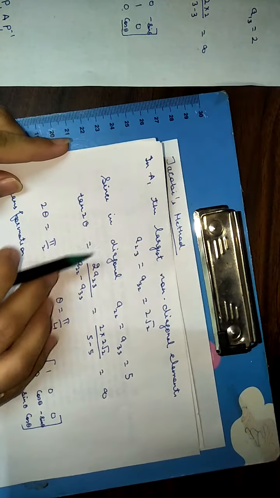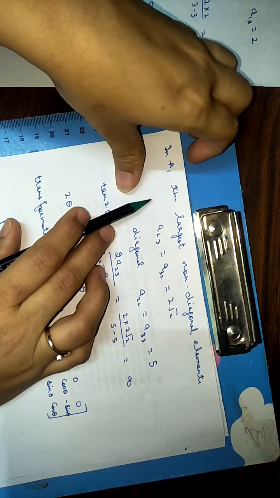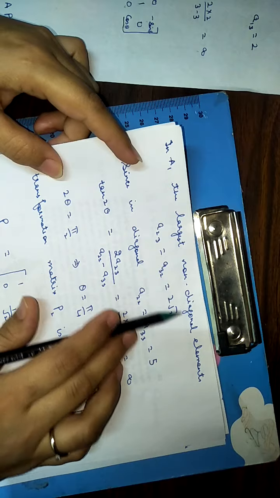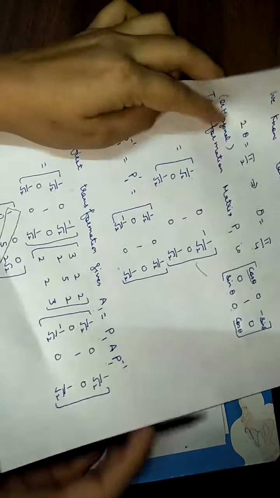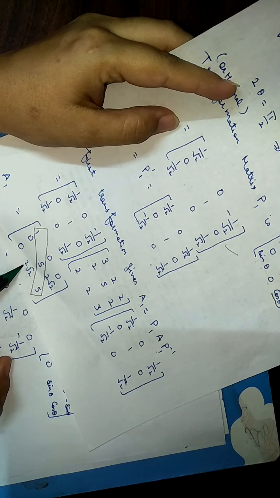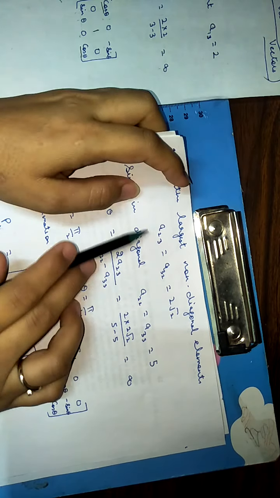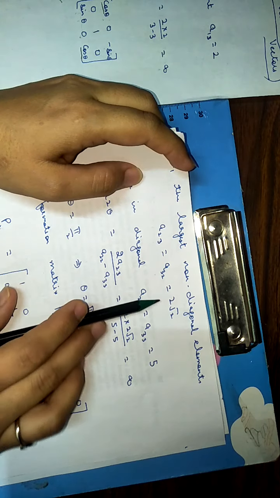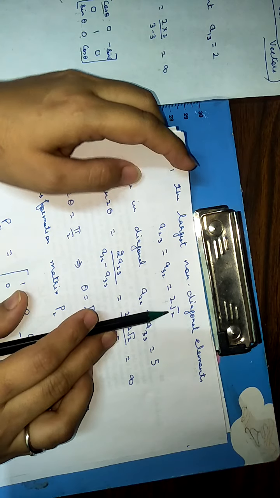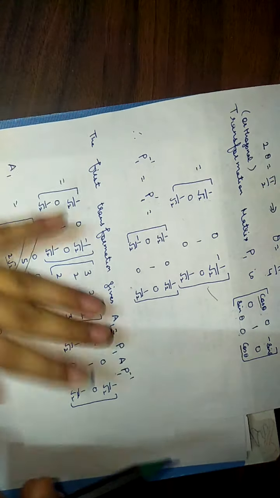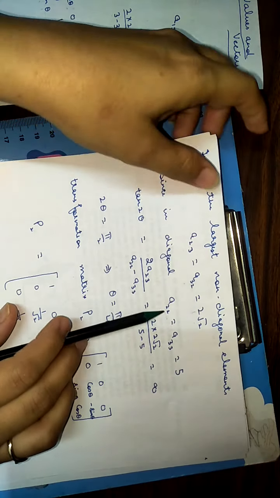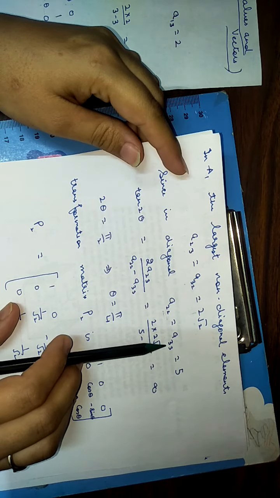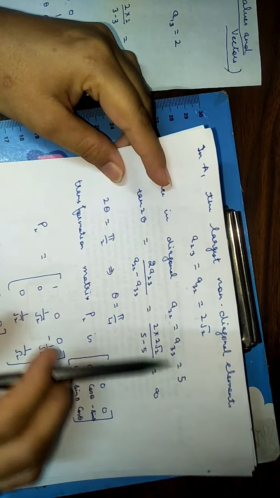So again in A1, the largest non-diagonal element is only this value. So these values are A23 or A32 and they are 2 root 2. In the diagonal, which elements are equal? These two, A22 and A33, that is equal values, that is 5.